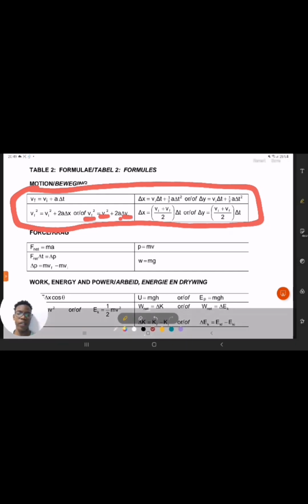Here's delta Y. If you're looking in the horizontal direction, which we are not looking at in this topic, then you have delta X. But here we're looking at delta Y, vertical, right? So that's why you've got delta Y, and then you've got your VI, which is your initial velocity. You've got your delta T, which is always positive, which is your time.